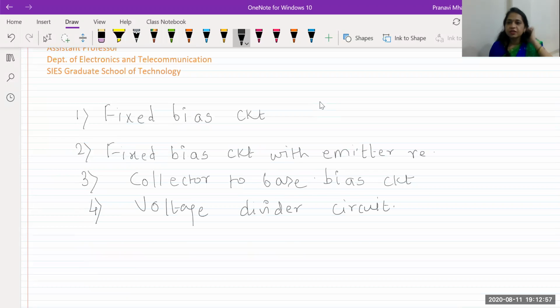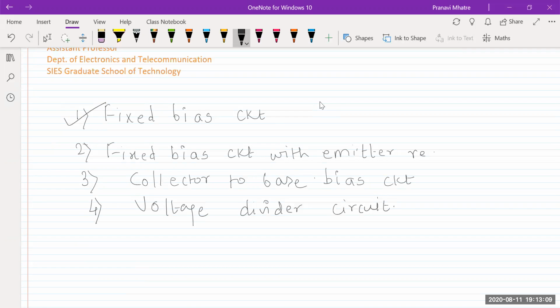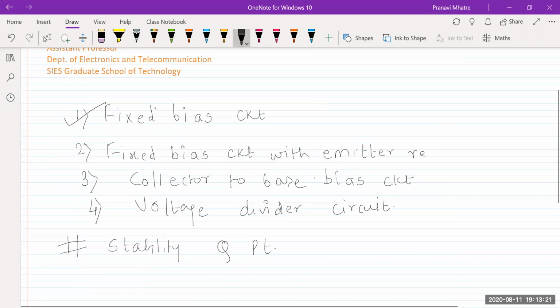Today in this class we are going to discuss the fixed bias circuit. Why are we studying these different circuits? Because we want stability of the Q point. The Q point must be at the center of the DC load line.